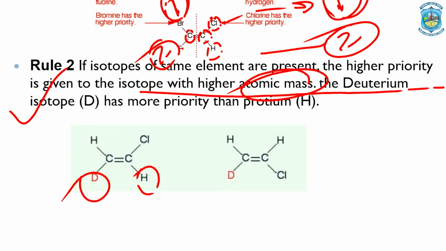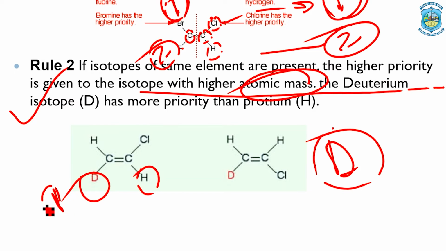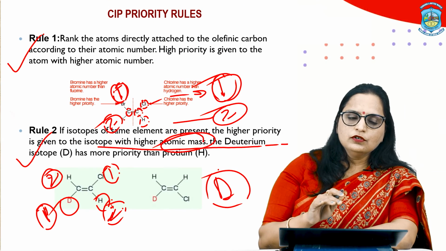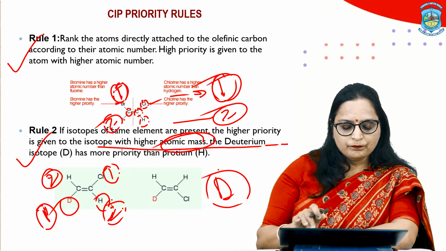In the case of H and D, you all know that deuterium has priority over hydrogen. So, in this case, the priority is with deuterium and H gets the lower priority. Similarly, here chlorine will get higher priority and deuterium or hydrogen will get lower priority. So, we have the second rule when we have two isotopes attached to the double bond carbon.